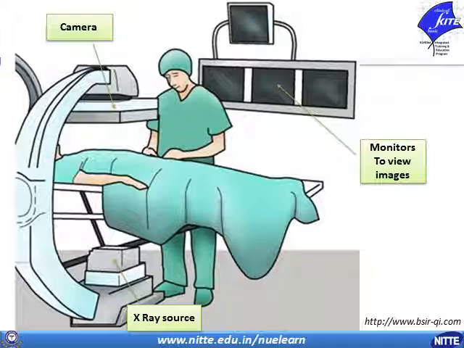In other words, capable of providing a videographic recording of the coronary arteries as they are being filled with the dye. The X-ray source and the camera are mounted on a C-arm which allows the positioning of the camera at different required angles.